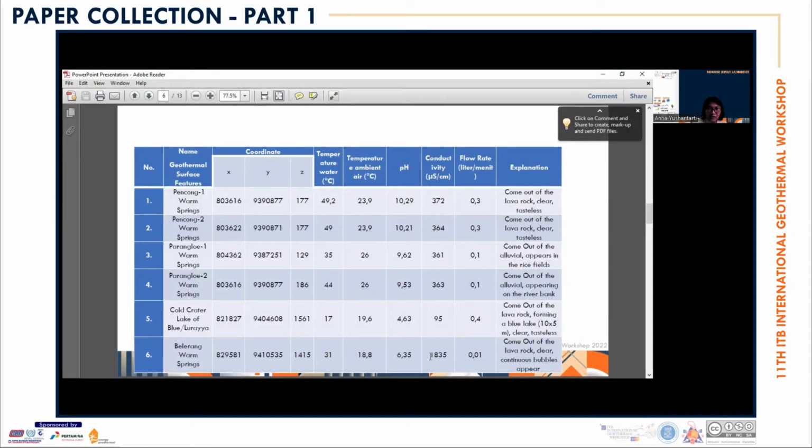But the conductivity, compared with the Pencong group, is a little bit higher. It is about 1,835 microsiemens per centimeter. But the flow rate is very low, about 0.01 liter per minute.